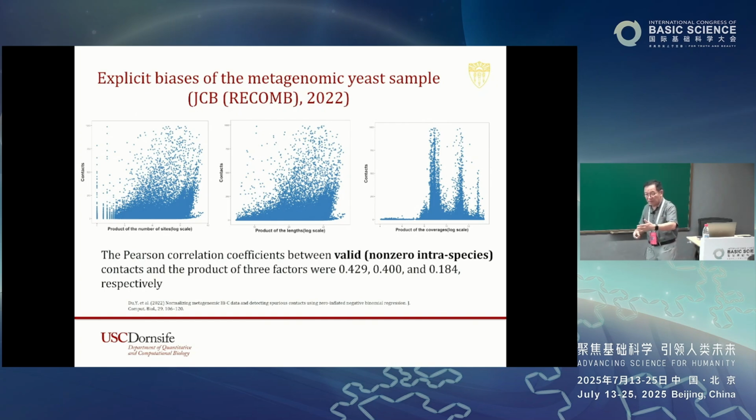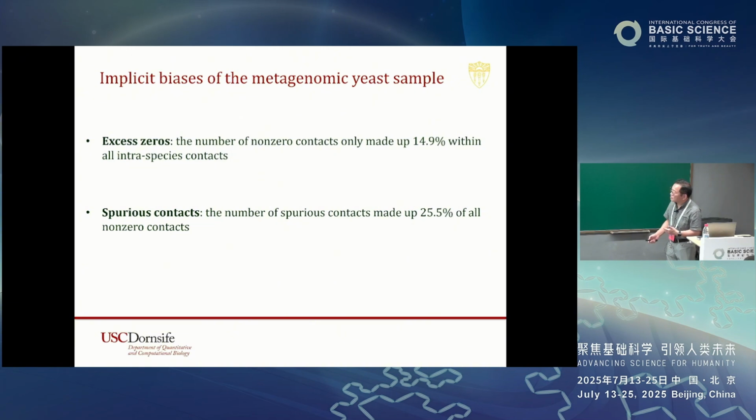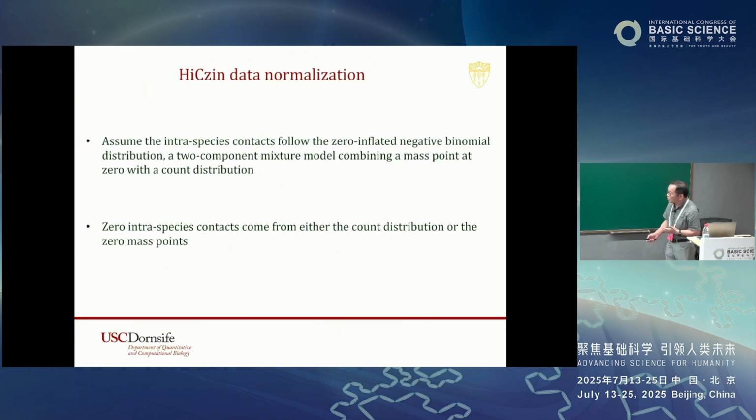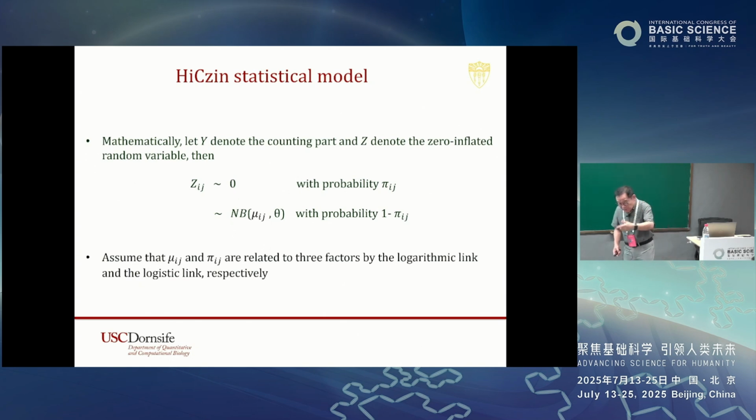And so we just use the so-called zero enriched negative binomial distribution. This becomes more mathematical, and that's why I'm giving this talk at the mathematics conference.